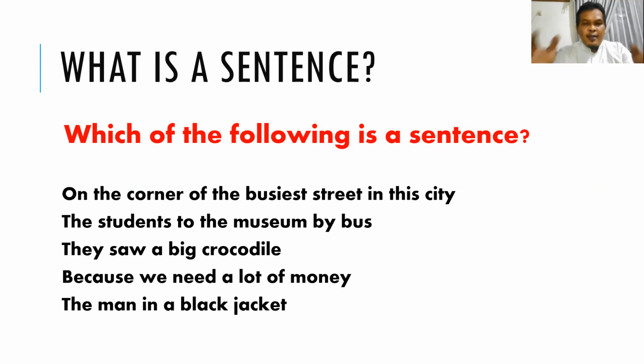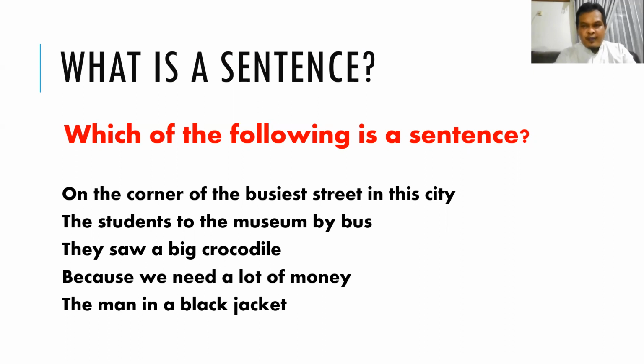The meaning in this structure is not complete. Why? Because we need a lot of money. It means that this meaning needs the other clause to complete its meaning. When it stands alone, it doesn't have a complete meaning.